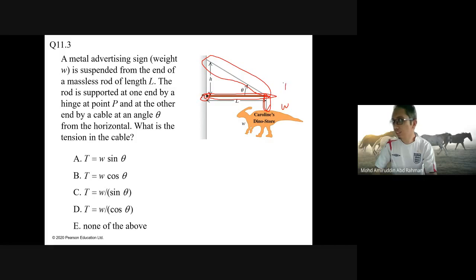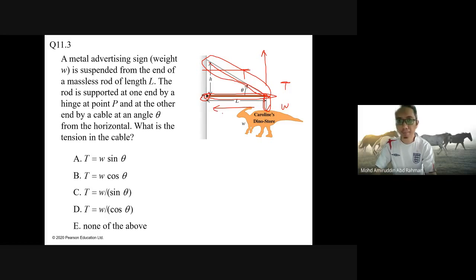So the tension is the force acting, somehow. So in this cable, it is asking you what is the tension there? Okay, so it has an X component and also a Y component.